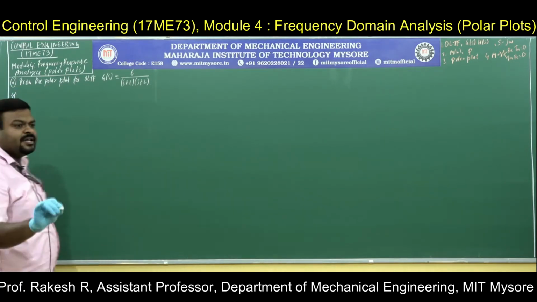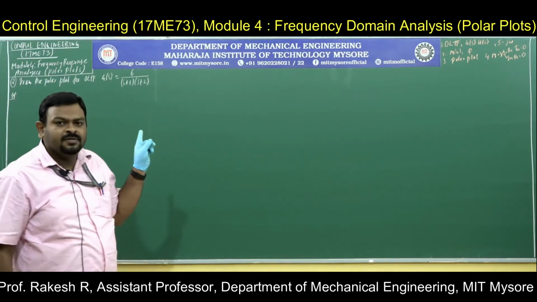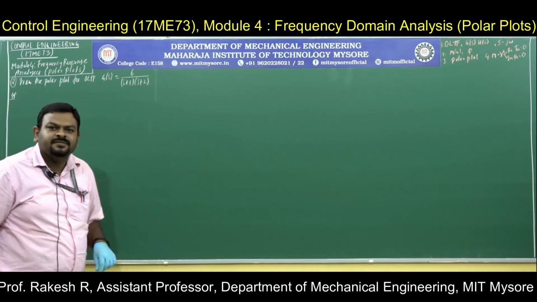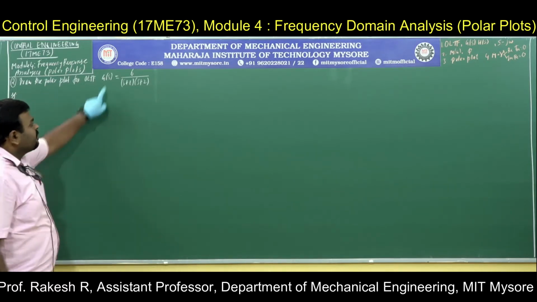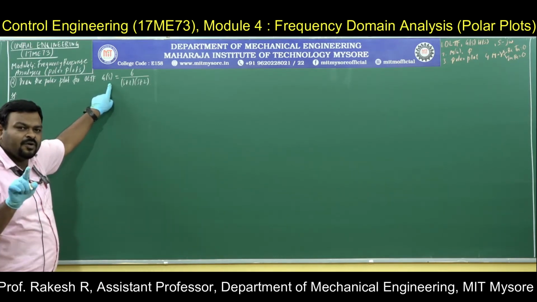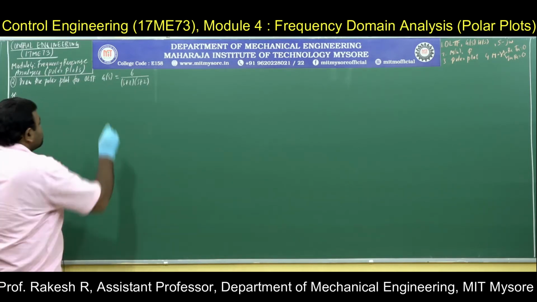First, you need to consider the open loop transfer function. Here, is this the open loop transfer function? G(s) is a direct transfer gain, no? How is it the open loop transfer function? A very important thing in this situation: G(s) is the open loop transfer function for a unity feedback system.